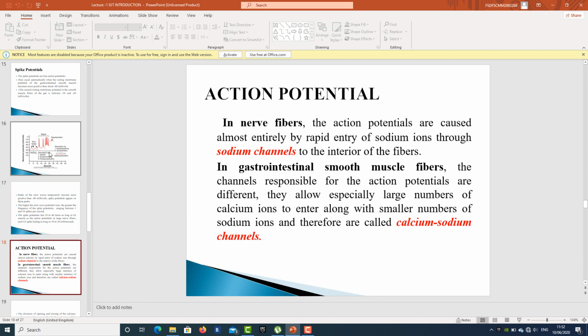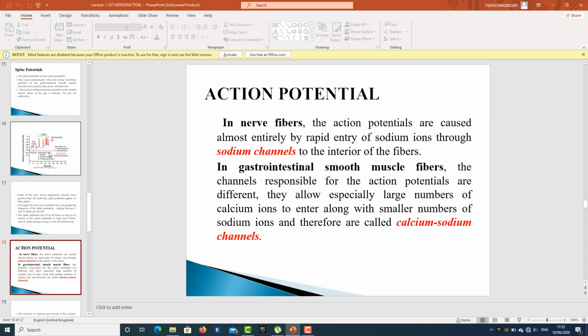Now, action potential. In nerve fibers, the action potentials are caused almost entirely by the rapid entry of sodium ions through the sodium channels to the interior of the fibers. Whereas in gastrointestinal smooth muscle fibers, the channels responsible for action potentials are quite different.